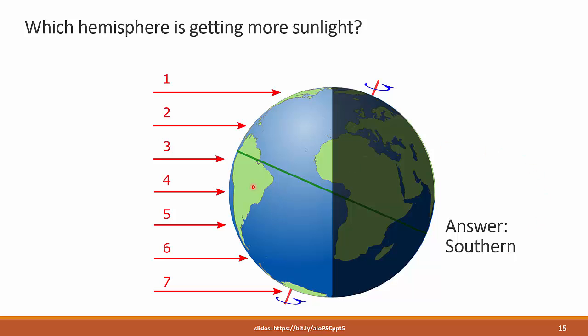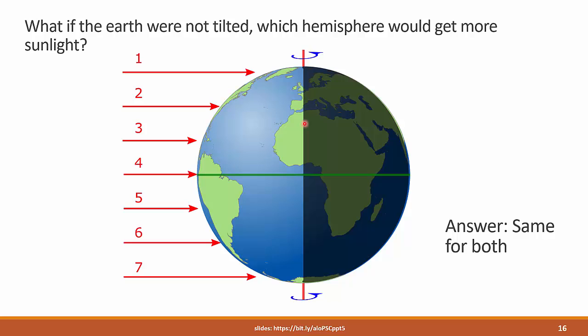Okay, here the Southern Hemisphere is receiving more light than the Northern Hemisphere, so it is summer for the Southern Hemisphere. Now, if it were not tilted, it would be the same.